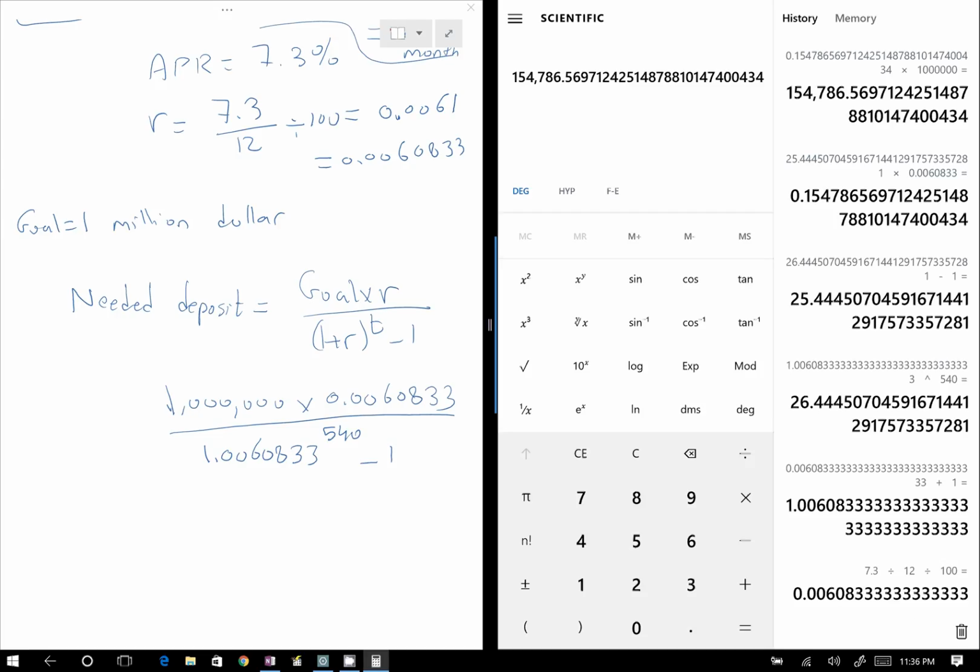Does not make any sense. Actually, it does make some sense. Let me see. Is it asking about a monthly deposit? Oh, okay. I think it's asking for a monthly.